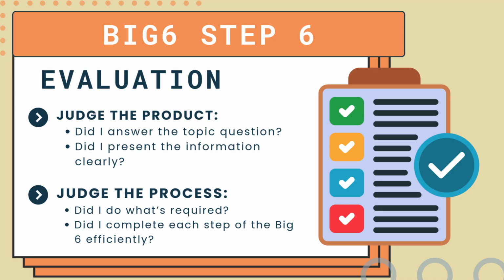If your teacher has assigned a research task to you, did you complete all the steps outlined in the task or written in the rubric? And then also, just for yourself, you're thinking, did I complete each step of the Big 6 efficiently? And you can use this information from your own evaluation to better prepare yourself for your next research project.